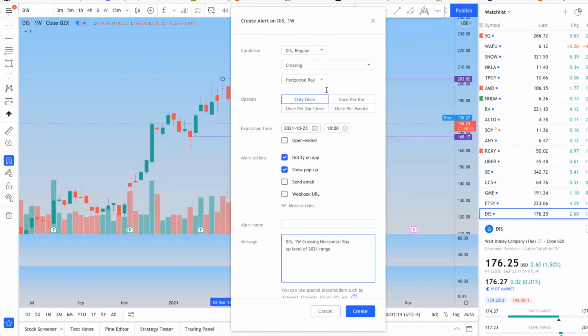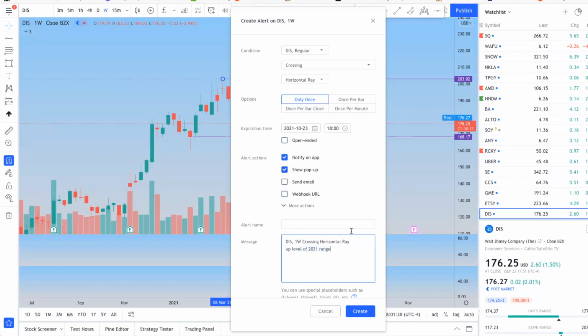It's critical to have alerts, and the most important thing is what you put in your message. Today I put an alert at 203 for Disney. Right now it's at 176, so obviously the alert won't kick in before, who knows, maybe December.